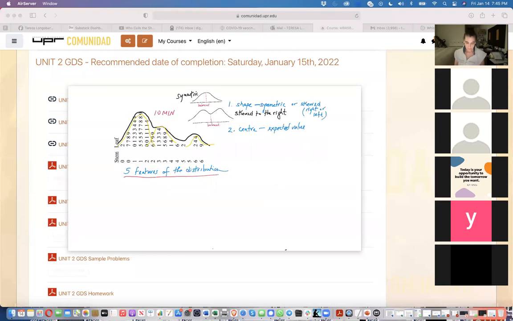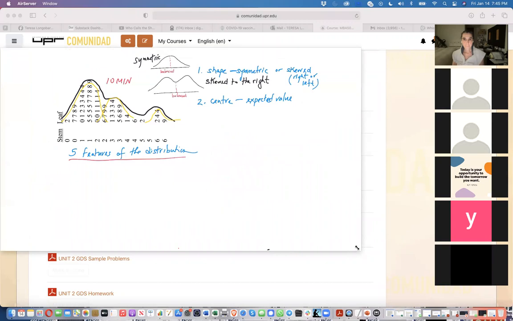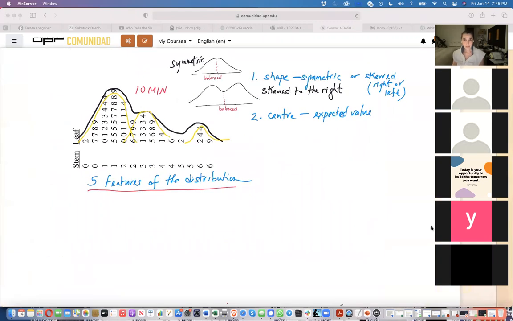Let's calculate for our right skewed data. Okay, let me make this bigger. So now I'm going to actually calculate. I'm going to argue that the best measure of center is the median. And now we're going to calculate it.